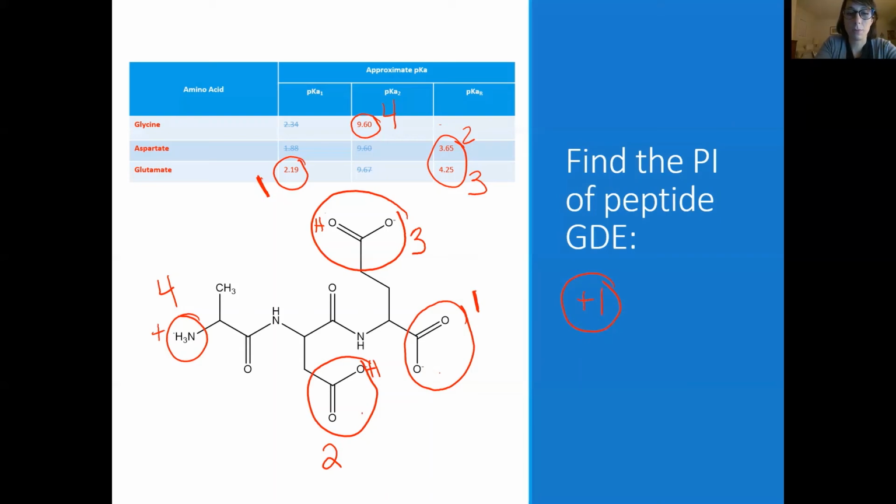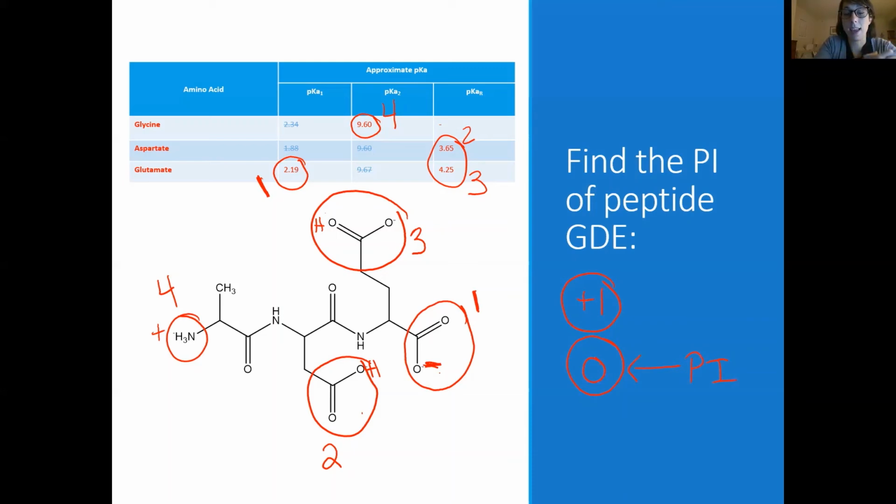This hydrogen will come off and we will have a negative charge. At this point, our net charge of the molecule is 0. Okay, so we have already reached the point that is our isoelectric point, where it is 0.